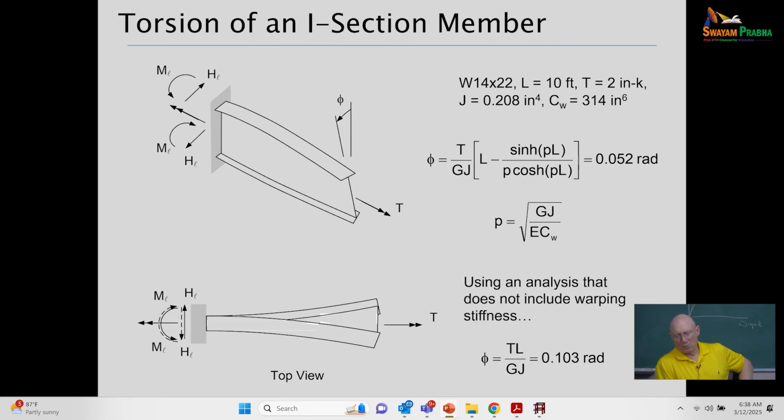If we neglected the cross bending of the flanges and we just considered what we refer to as the uniform torsion or the St. Venant torsion within the member, then the twist would be equal to TL over GJ. The St. Venant torsion constant, capital J, is very small here. Oh, my rotation is essentially double.